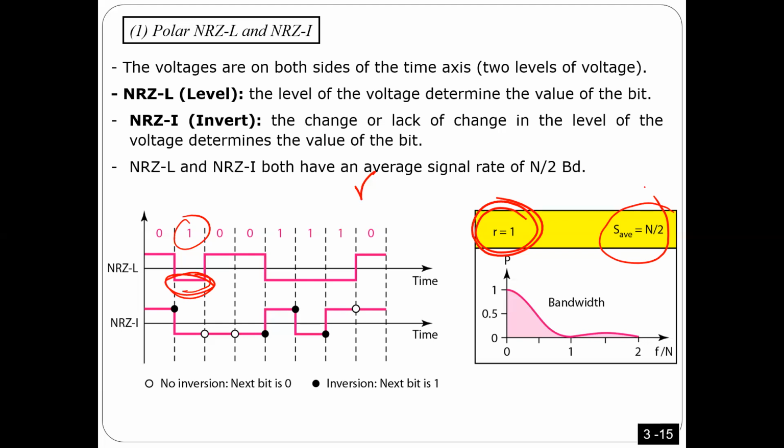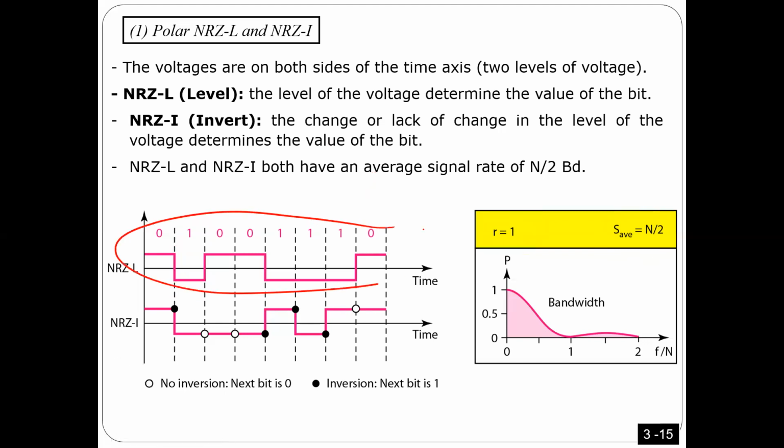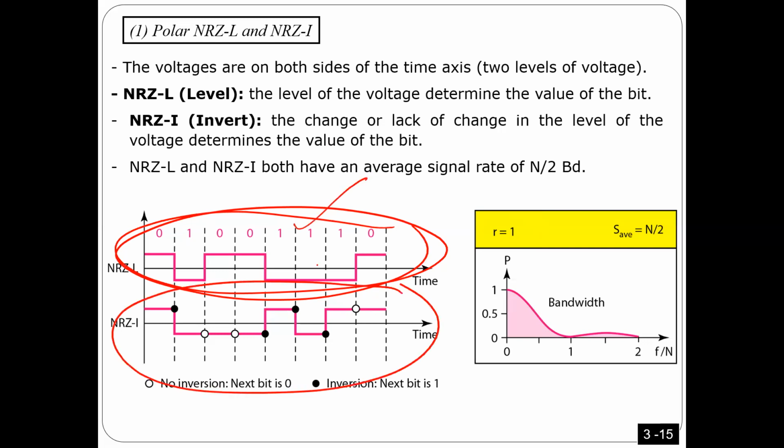Now let's look at the other things, like synchronization. For this one, we didn't fix anything, so we still have a synchronization problem because we can have a fixed voltage. Also, we have DC wandering, and a DC component. Maybe I did something interesting here.